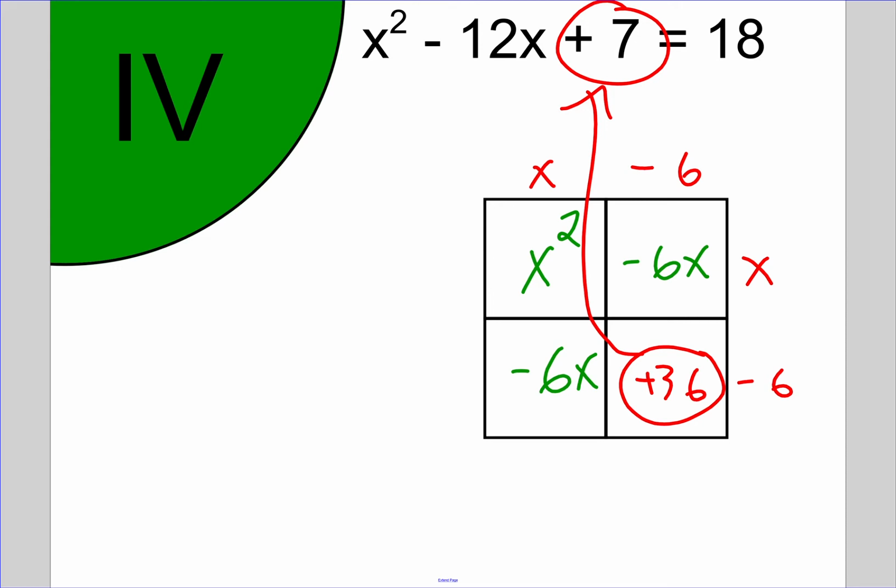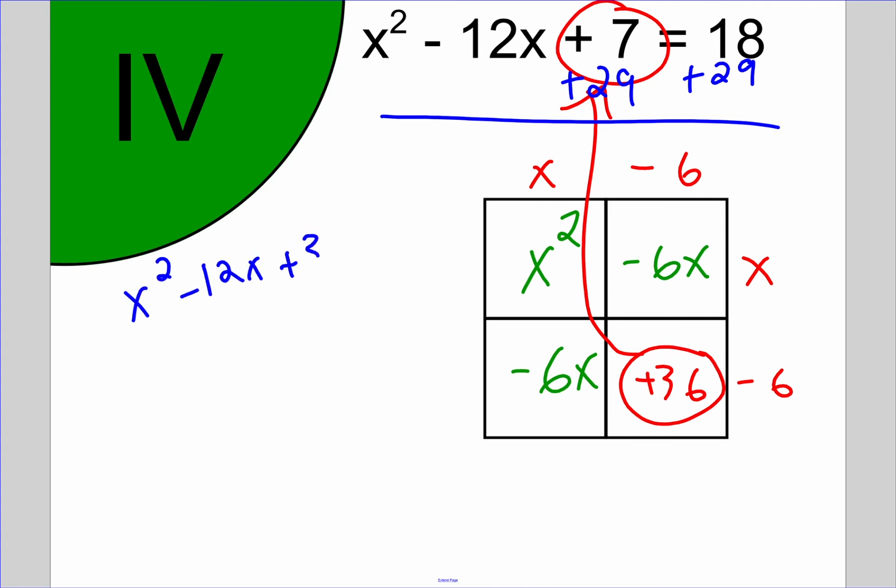So what's going to do that? In this case, it'll be 29. So if we go ahead and add 29 to both sides of our original equation, we end up with x squared minus 12x plus 36 equals 47.